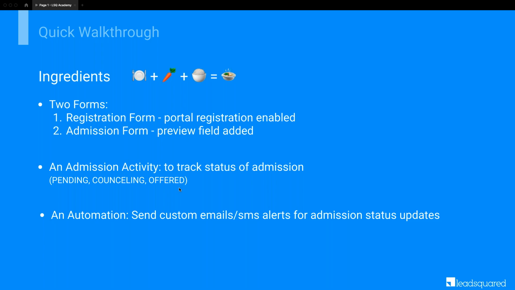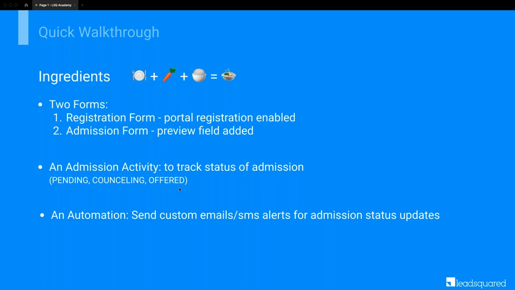A good example would be sending a welcome email to your lead whenever he visits or registers on your portal. You can quickly create an automation that, whenever a lead visits your portal, sends him this XYZ email along with a brochure, a slide, or a video. So that is what an automation is in short.